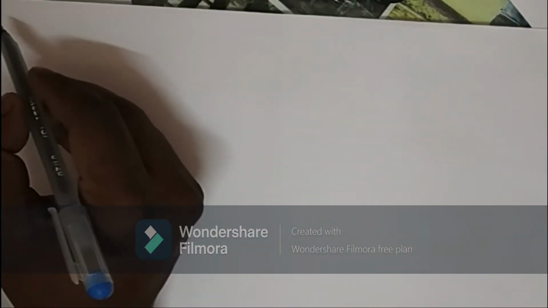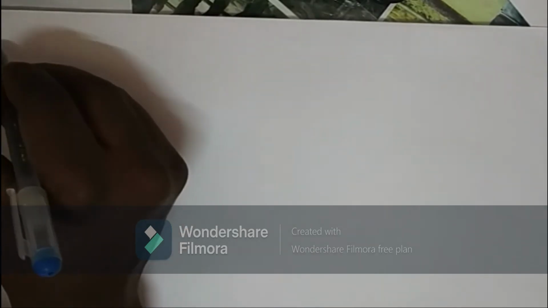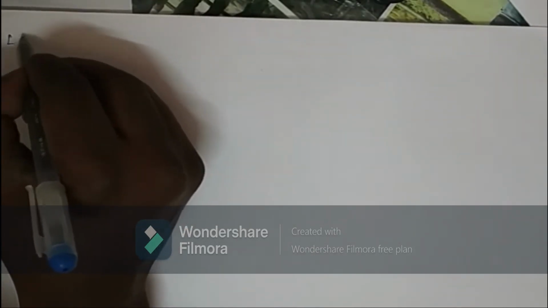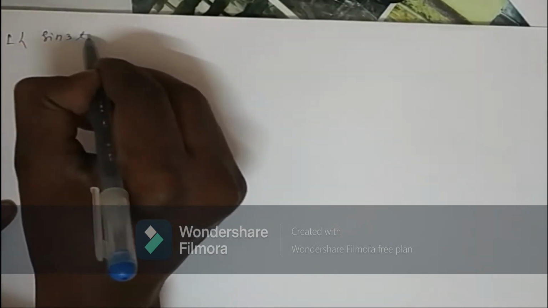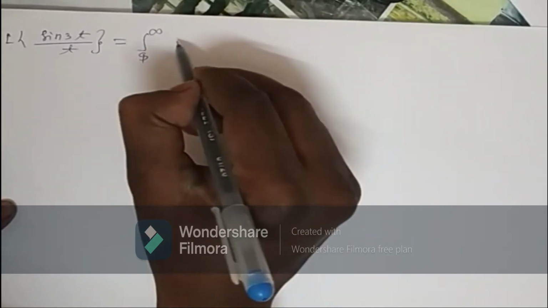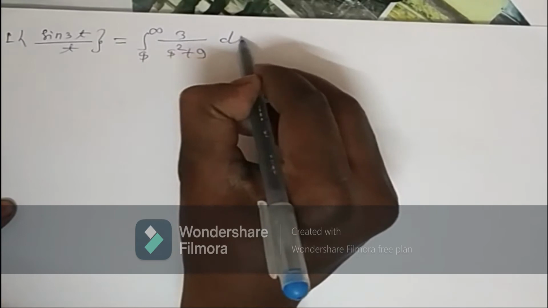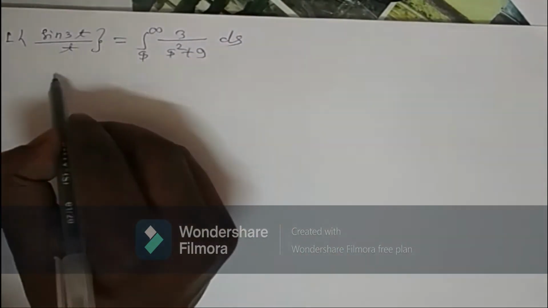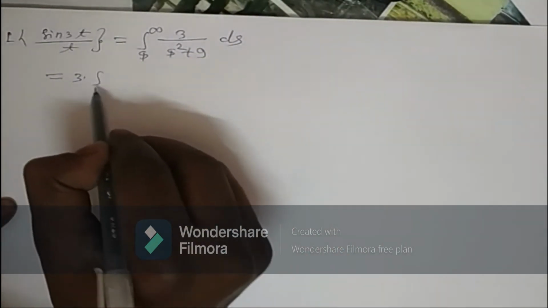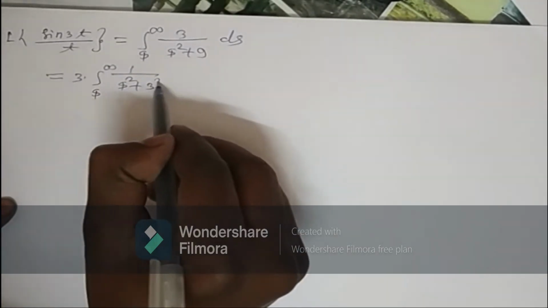So by using the division property, the Laplace transform of sin 3t upon t is equal to the integration from s to infinity of f of s, so f of s is 3 upon s square plus 9 into ds. So now that is equal to what? This 3 can be taken outside: integration from s to infinity of 1 upon s square plus 3 square into ds.